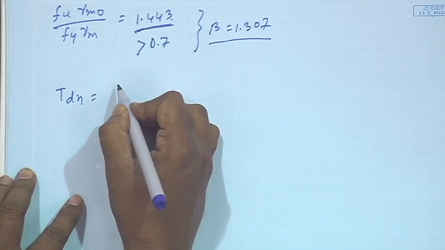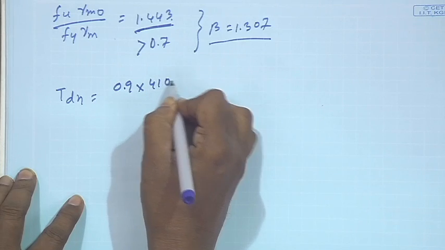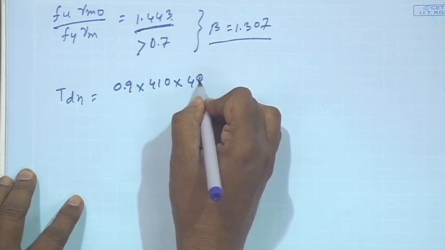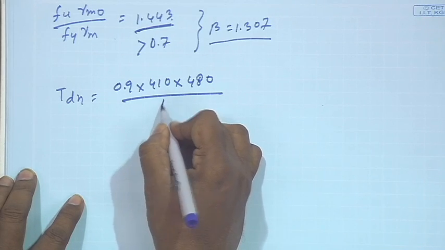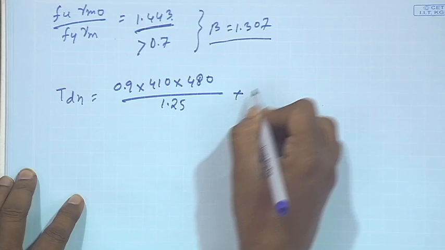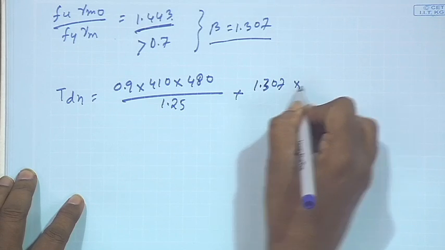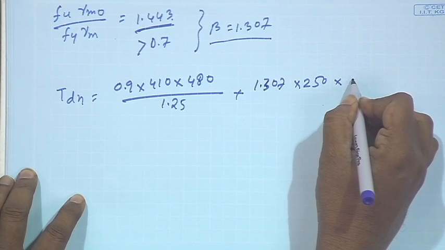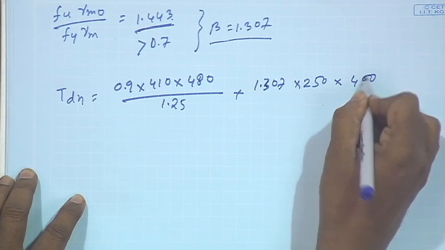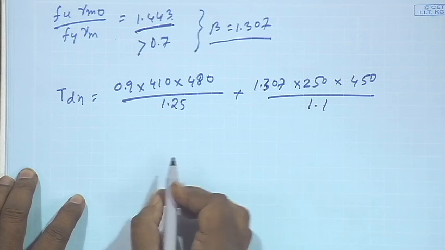If I put in the formula, that is 0.9 into Fu into ANC we calculated as 480 by gamma m1, that is 1.25, plus beta is 1.307 into Fy into AGO is 450 by gamma m0.